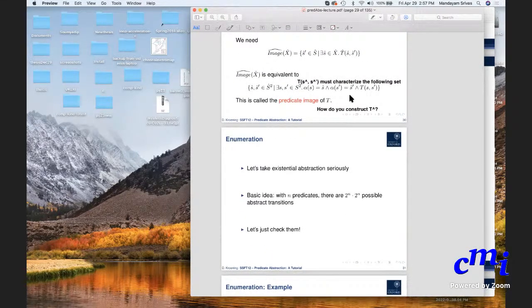When you were doing abstract interpretation, you were constructing this translation, because there you were not dealing with arbitrary predicates on which your abstract domain depended. There you had the interval domain.